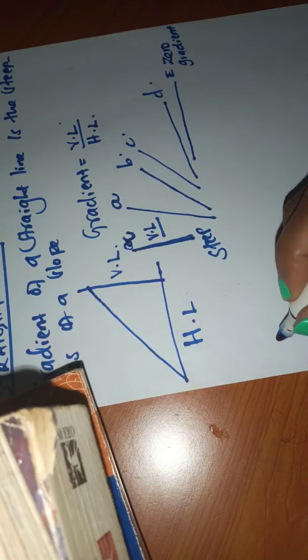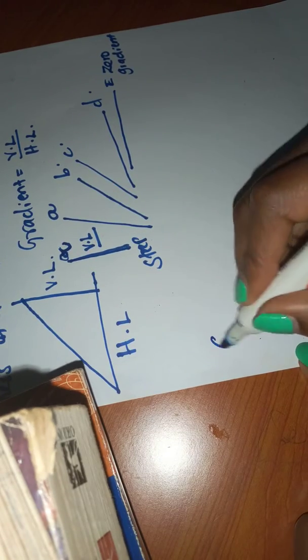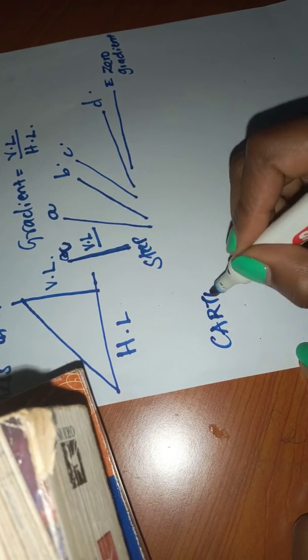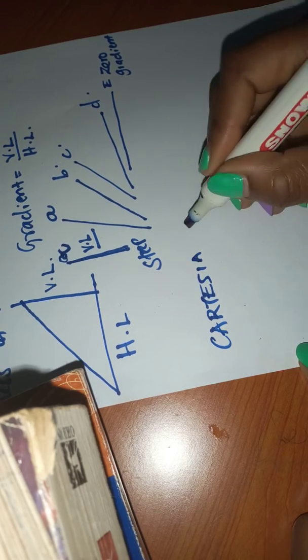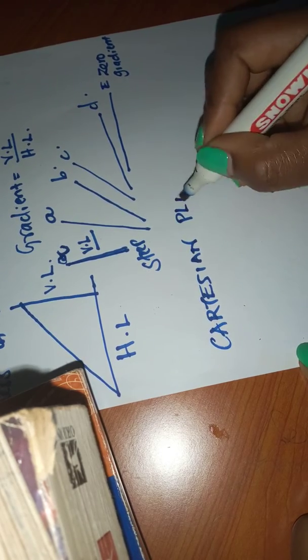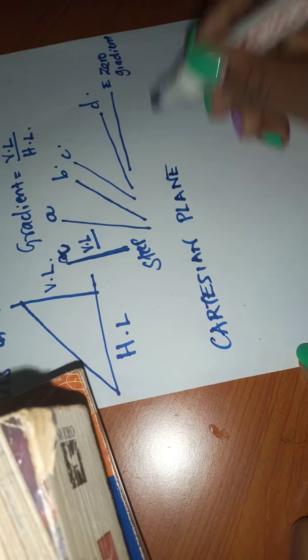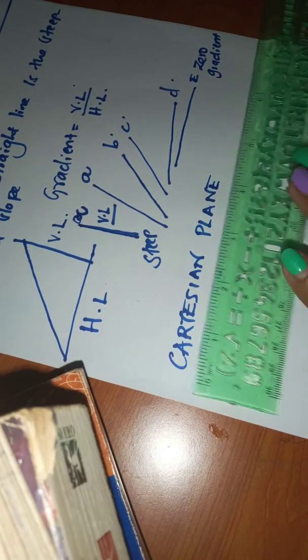So when we come to looking at our Cartesian plane, I know you and your teacher may have looked at it back in Form 1, because this is Form 2 work.